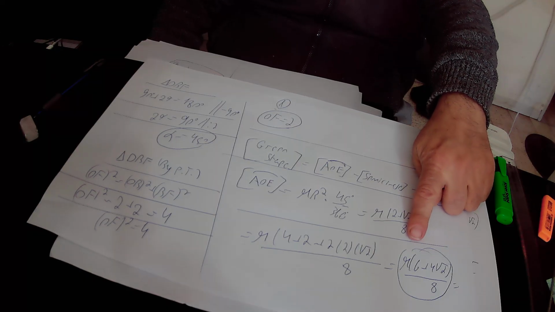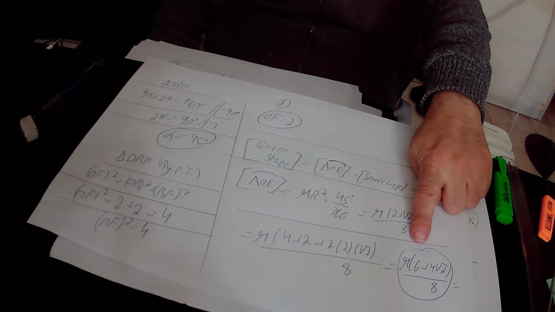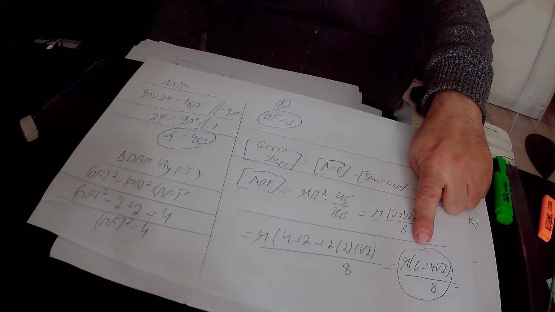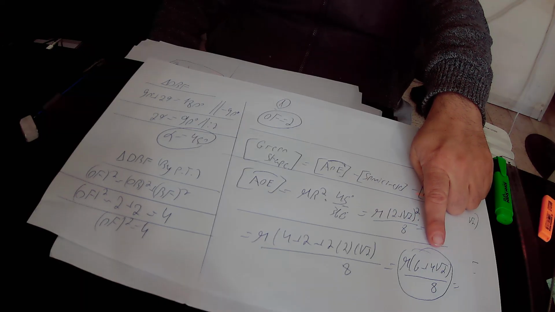So we have pi, and inside the brackets 6 over 2 is 3, and 4 times square root of 2 over 2 is 2 times square root of 2.